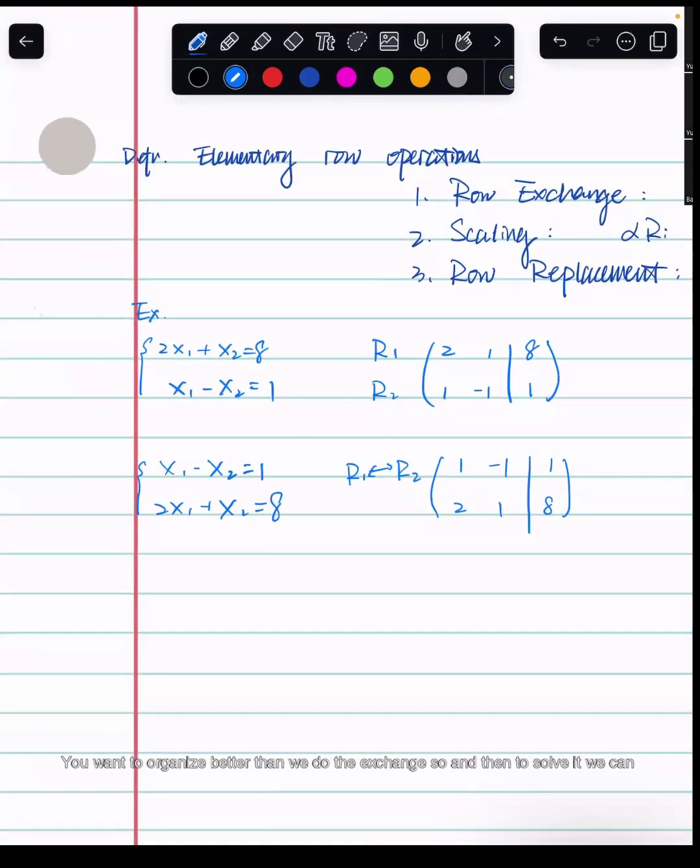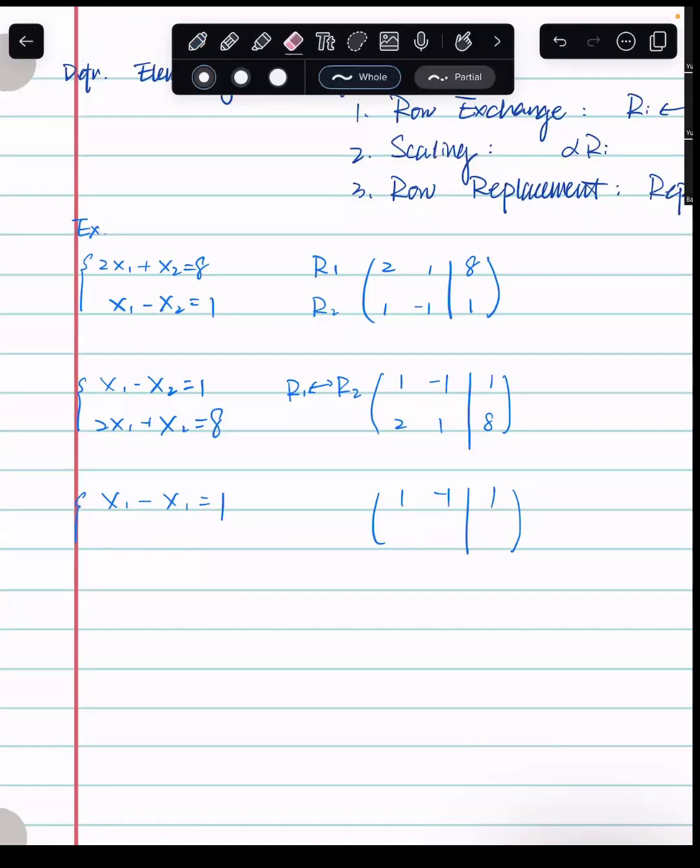So, to solve it, then I'll get 3x2 equals 6.